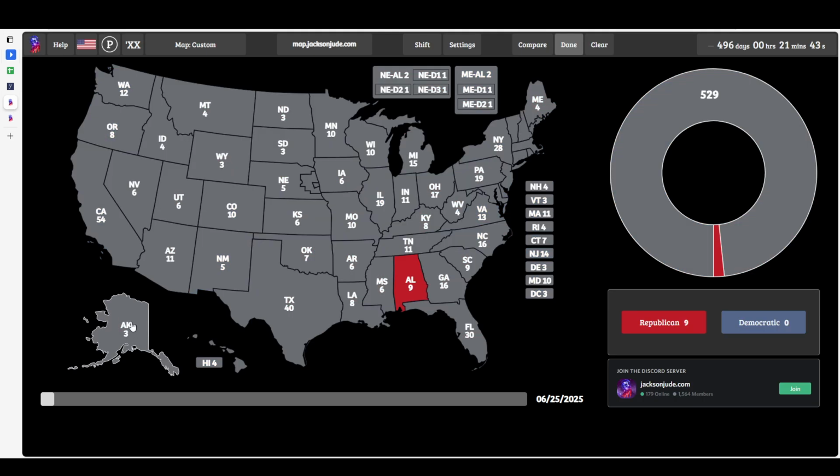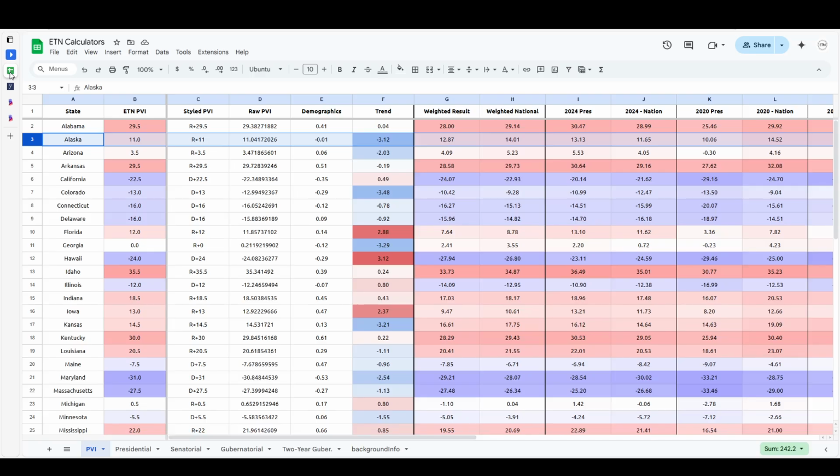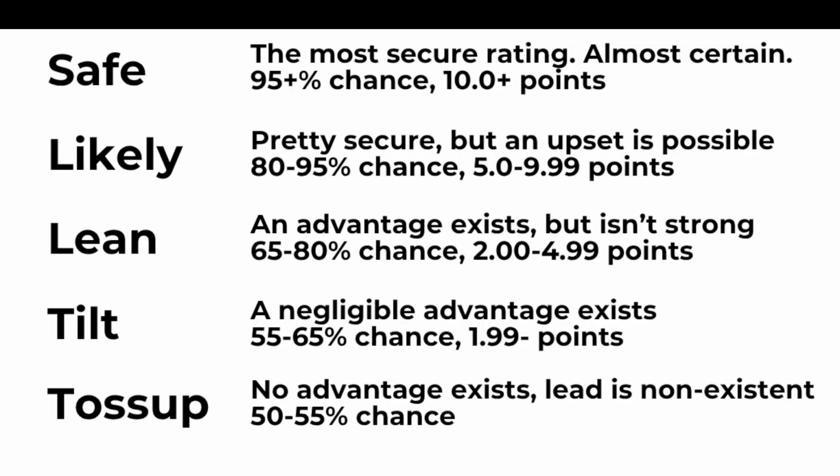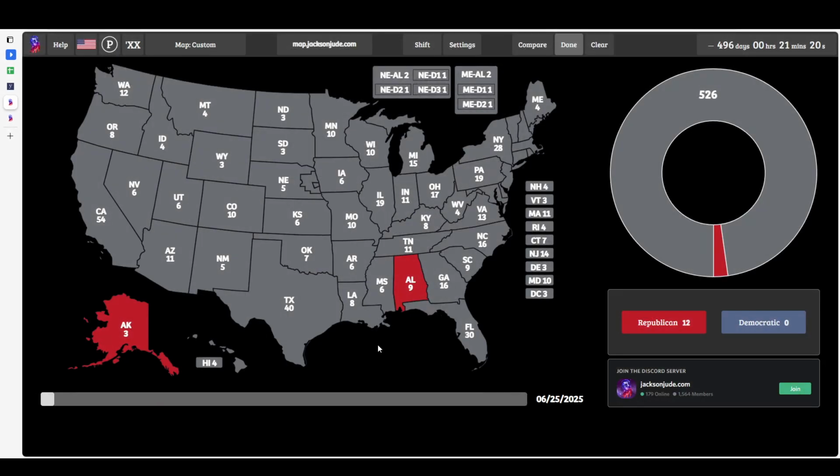On multiple other models, that would in fact not be safe, but I do a model where plus 10 or more is going to be safe. We're going to be looking at the margins here. So 10 plus points is safe, 5 to 10 is going to be likely, 2 to 5 is lean, and less than 2 is tilt.